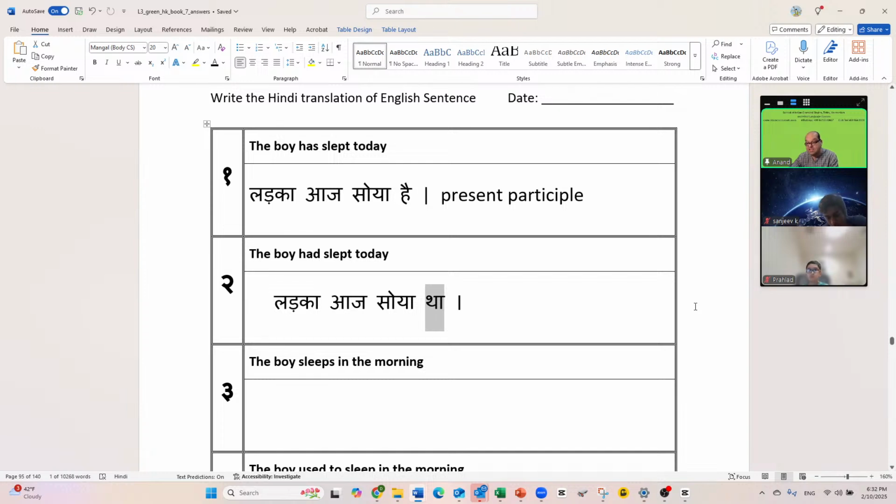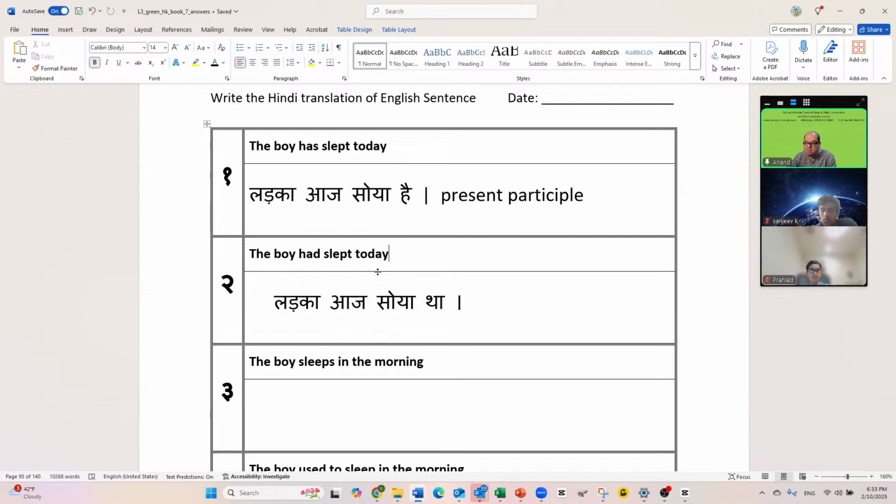Prahlad, did you understand this? Now, what is the difference between the boy has slept today and the boy had slept today? Prahlad, think about it and tell me. In terms of time, if I keep time as a reference, what is the different shade in meaning between the two?